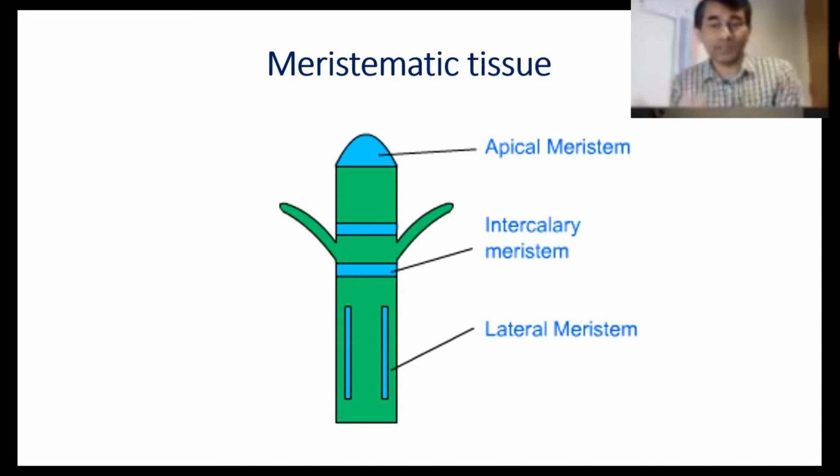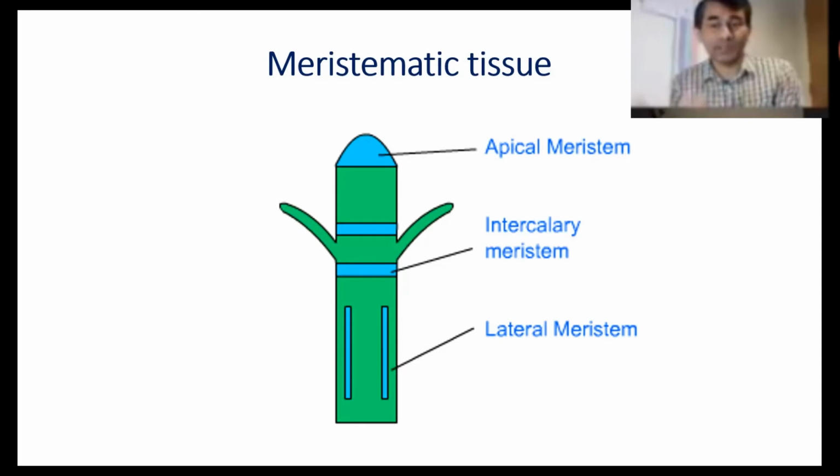The meristem is made up of different nodes, and at the junction between 2 nodes, the meristem is located at the root of the leaf. You can see it is at the root of the leaf between two nodes. So it is in the nodal region at the root of the leaf. That is intercalary meristem. Apical meristem is at the apex, and there is a lateral meristem. Lateral means on the sides. It is just inside the epithelial layers of the stem.